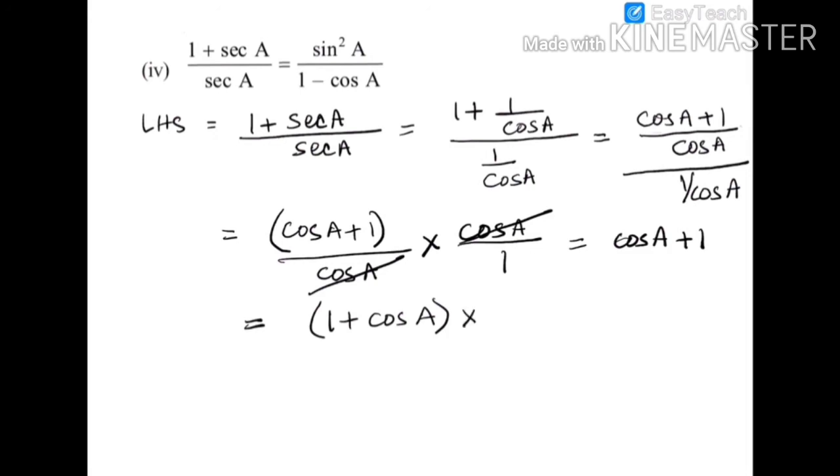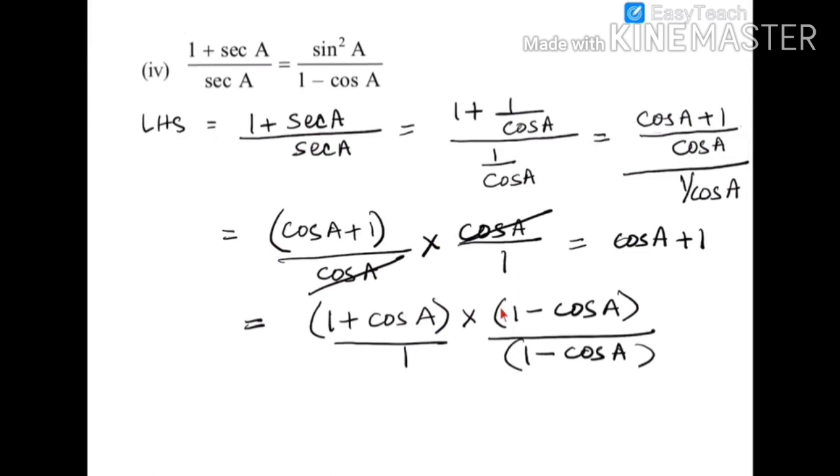Now I'll multiply this expression with 1 minus cos A. Since I multiplied this to the numerator, I must multiply same quantity to the denominator. Multiplying same quantities to the numerator and denominator does not change the value of this expression.